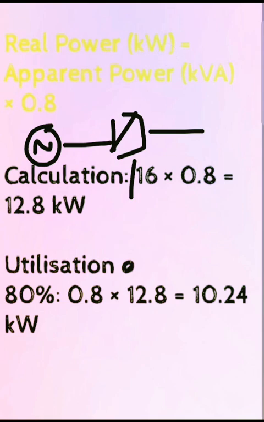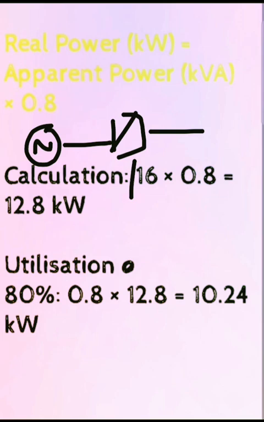To do this, we'll multiply the value of 16 by the power factor of 0.8, and we have 12.8 kilowatts. So this 12.8 kilowatts is the expression from kVA to kilowatts.